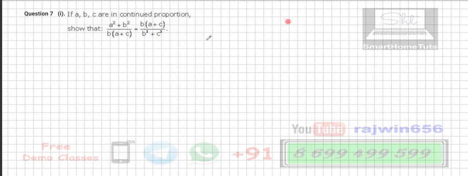Okay, so now A, B, C are in continued proportion. So A upon B is equal to B upon C. Let this be equal to K. So this is going to give me B is equal to CK, A is equal to BK.